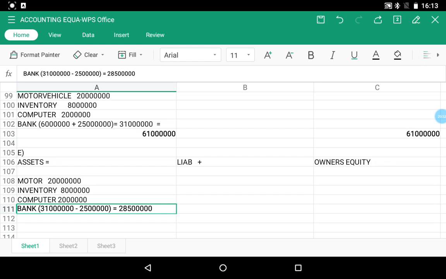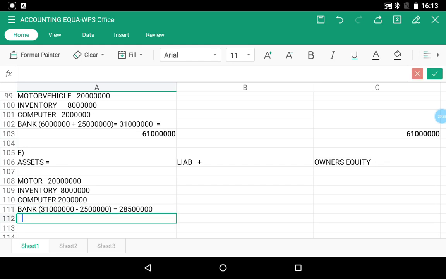So at bank we have 28,500,000. Then of course they withdrew that cash. Remember 2.5, the one we have removed from bank. It means here we have our cash of 2,500,000. And we don't have any other assets. That means we are going to complete our accounting equation.